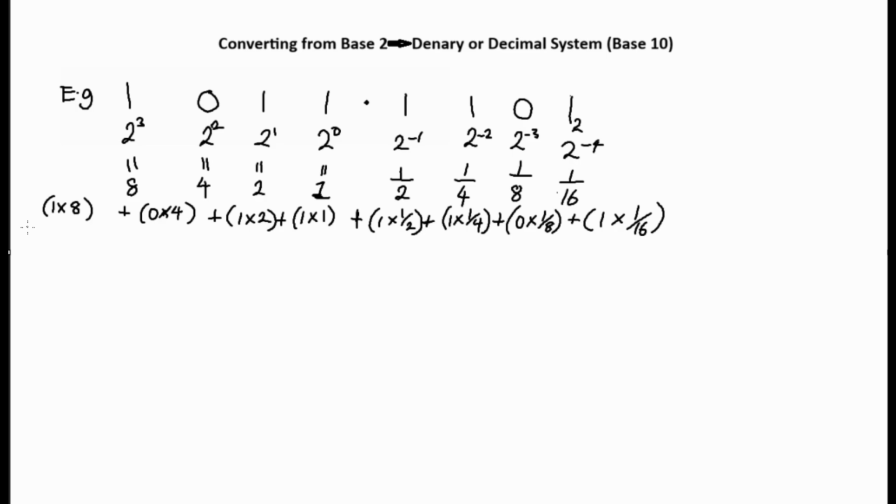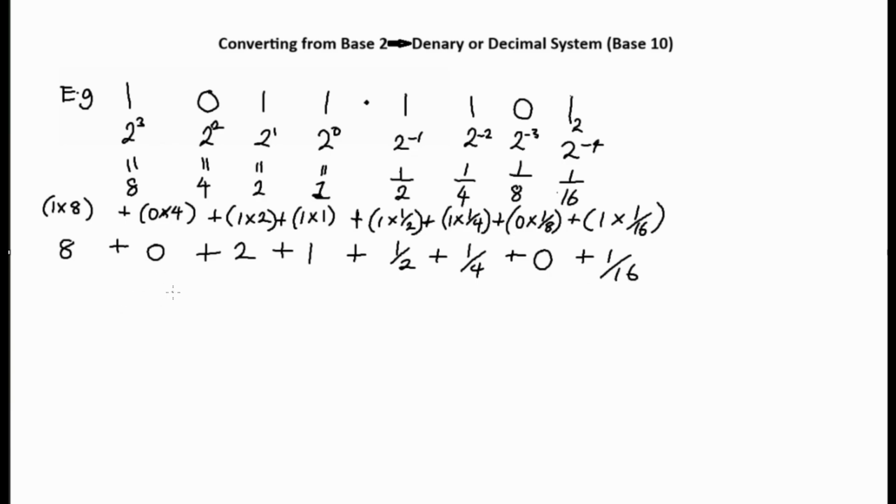Now, if we solve further, we get 8 plus 0 plus 2 plus 1 plus 1 over 2 plus 1 over 4 plus 0 plus 1 over 16.